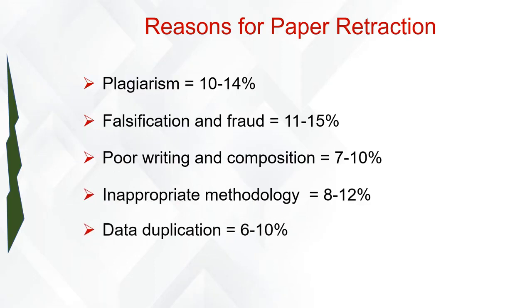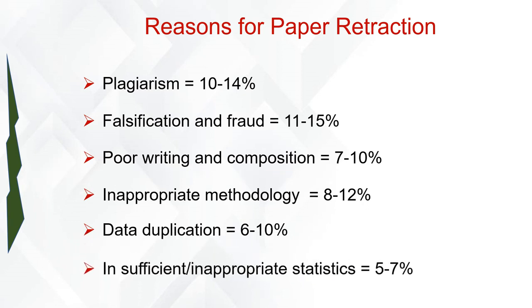Data duplication, that is, I think, one of the serious misconducts, where individuals publish their data 2 times, 3 times, just tweaking data here and there, changing the shape of the data, changing graphs and all that, and they publish 2 or 3 times, which is ethically not correct, and the number goes between 6 to 10%.